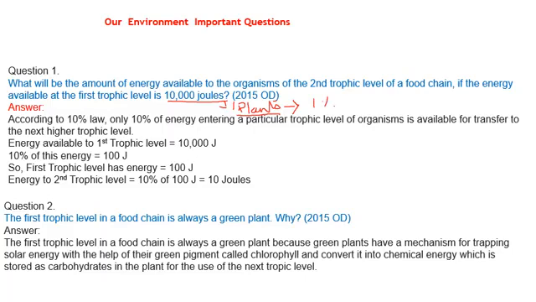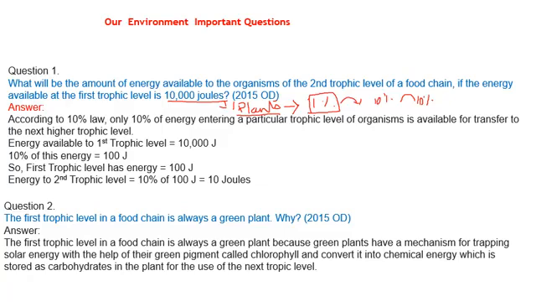So plants are going to take 1% of the energy, and if this energy goes to the second trophic level, that is going to consume 10%, right? And then the other 10% and so on, right? But the plants are going to consume 1% of the energy. Please remember this. Now let's start with the answer.